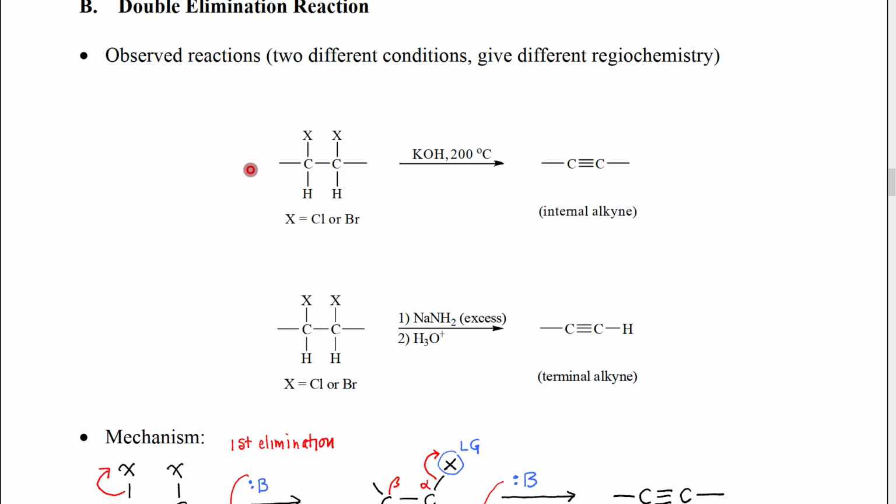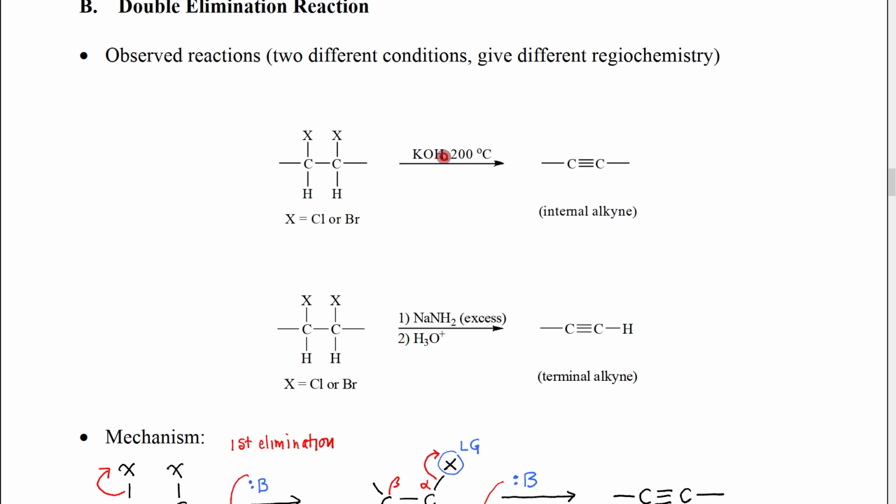The first one involves using a substrate, a reactant, that has adjacent halide or halogen atoms. We call this a vicinal dihalide. The halides typically are chlorine or bromine. We learned how to make these last semester when we looked at addition reaction of alkenes.